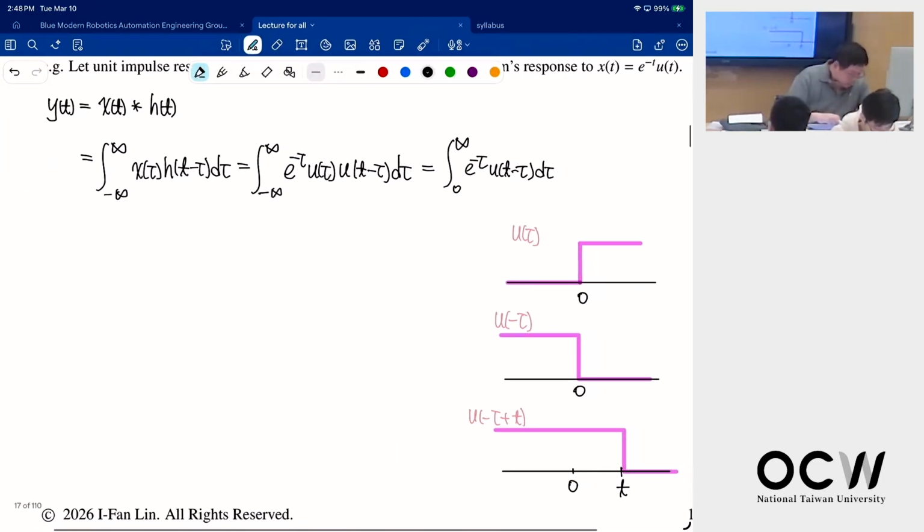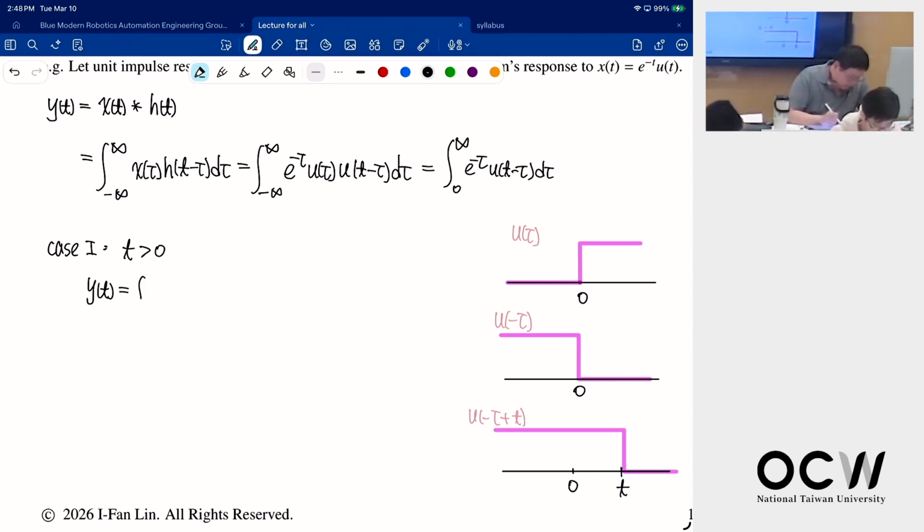So first, case 1. When t is greater than 0, the y is the integral from 0 to t of e to the minus tau d tau. Now this tau is from 0 to infinity, and the t is greater than 0.